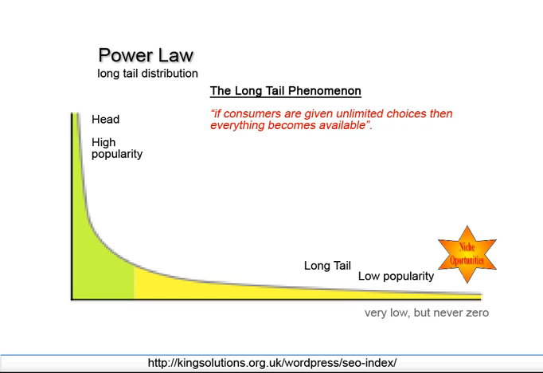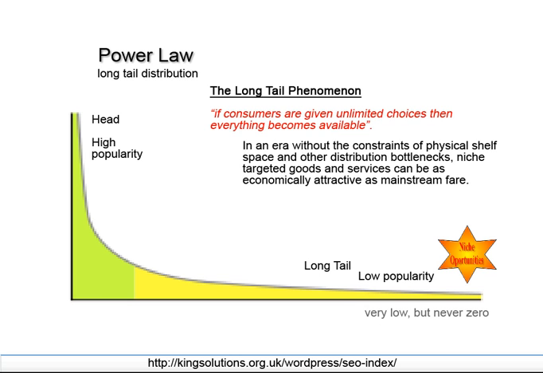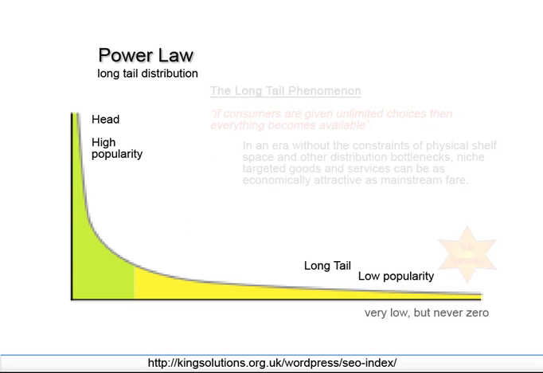With the expansion of the internet, this unlimited choice scenario has become a reality. In an era without the constraints of physical shelf space and other distribution bottlenecks, niche targeted goods and services can be as economically attractive as mainstream fare.